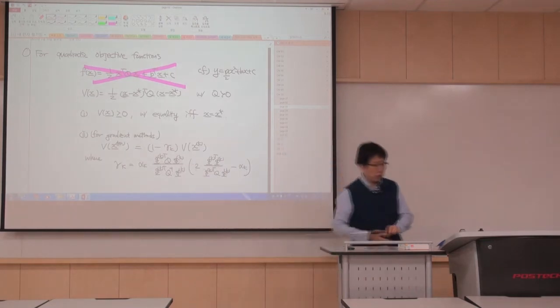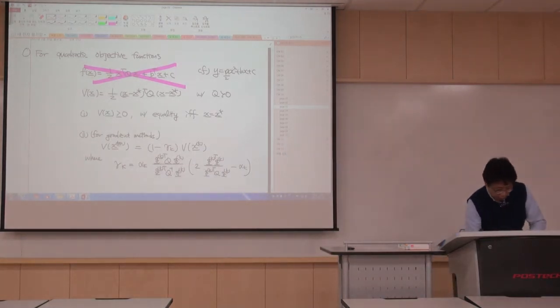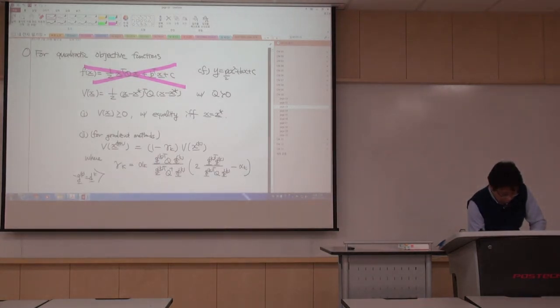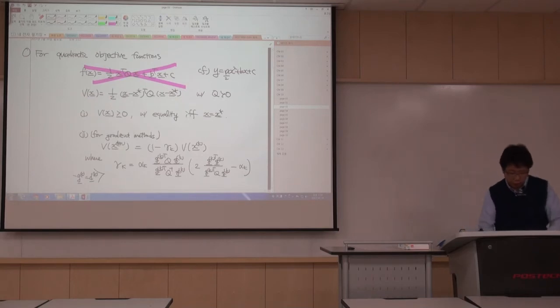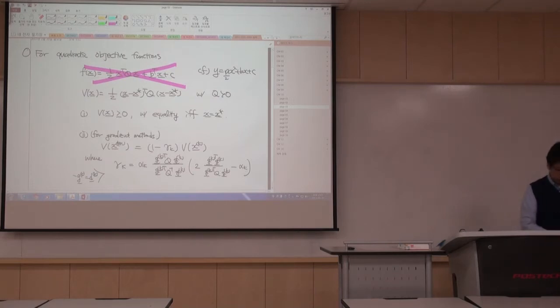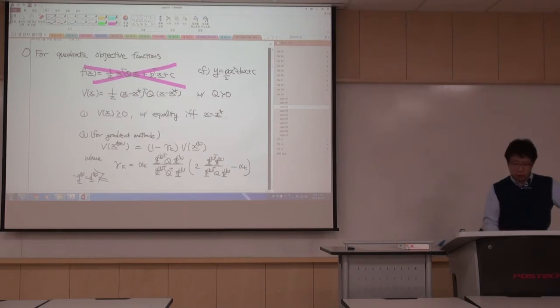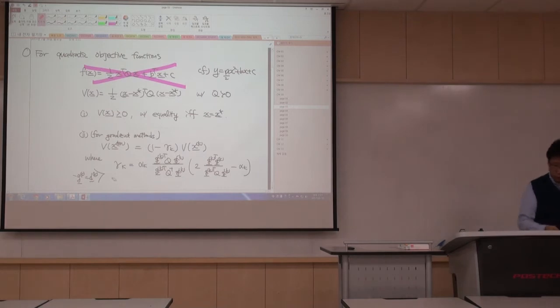So here this minus g sub k is our kth search direction. If we apply this direction to this quadratic optimization problem, then anyway, you can derive this one.